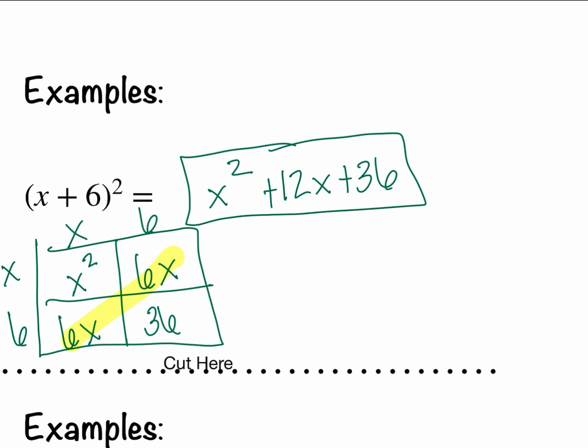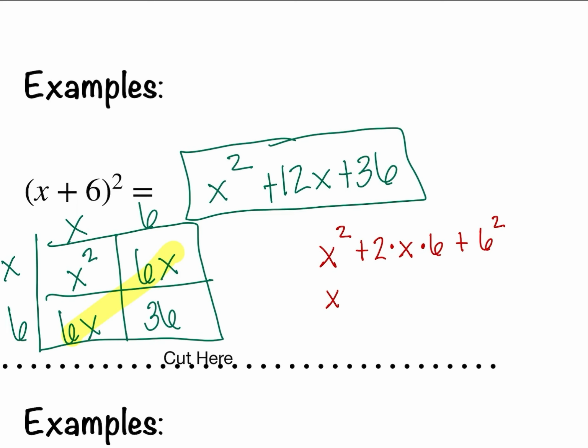And we can always do that multiplication out in our box method, or if you like the FOIL method better, or whatever is your favorite method. But because it is a special product, we've got the same factor multiplied twice, we can go ahead and use our shortcut that we looked at on the front. So for our addition, it's going to be the first term squared plus 2 times the first term times the second term plus that second term squared.